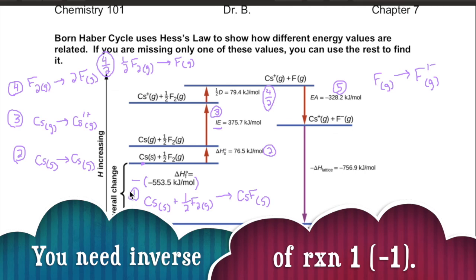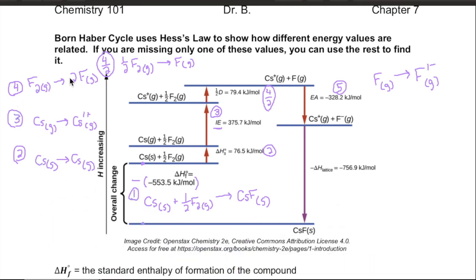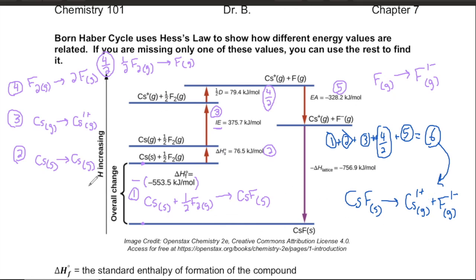If you added reaction 1 and reaction 2 and reaction 3, half of reaction 4 and reaction 5 all together, so 1 plus 2 plus 3 plus half of 4 plus 5, if you added together all these reactions that I've written in purple, you would end up with this process here, because we have cesium fluoride going to this, this going to this, this going to this, and this going to this. Overall, what we've done is started here and gone to here. So we have this going to this.